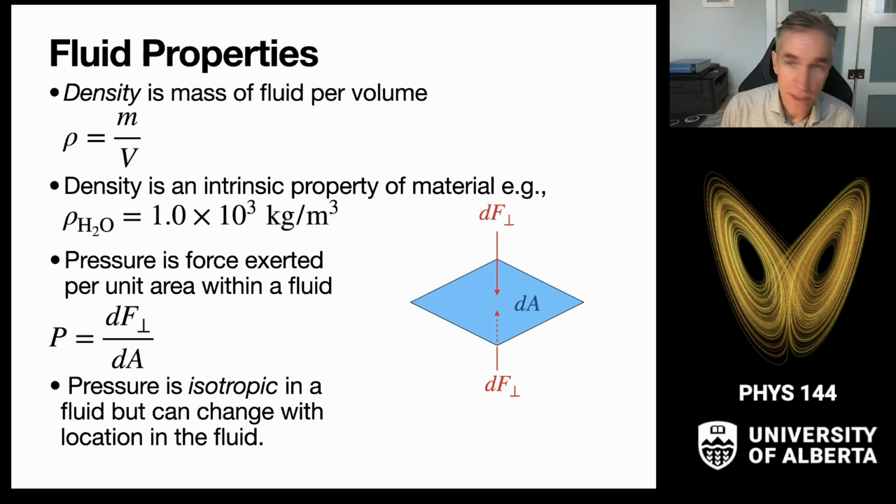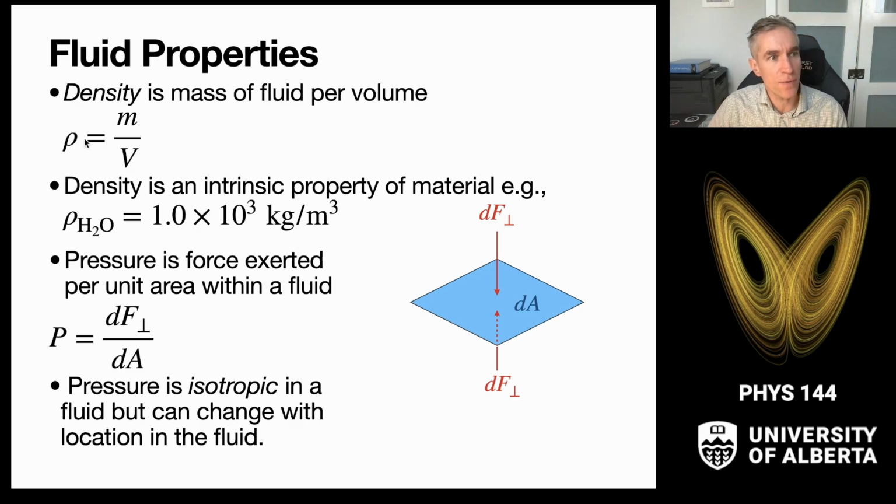Given that definition, we define some properties within fluids. The one that probably causes you comfort and warm feelings is the idea of density. Here we mean a mass density versus a number density or a particle density. The mass density is the mass of fluid per unit volume.